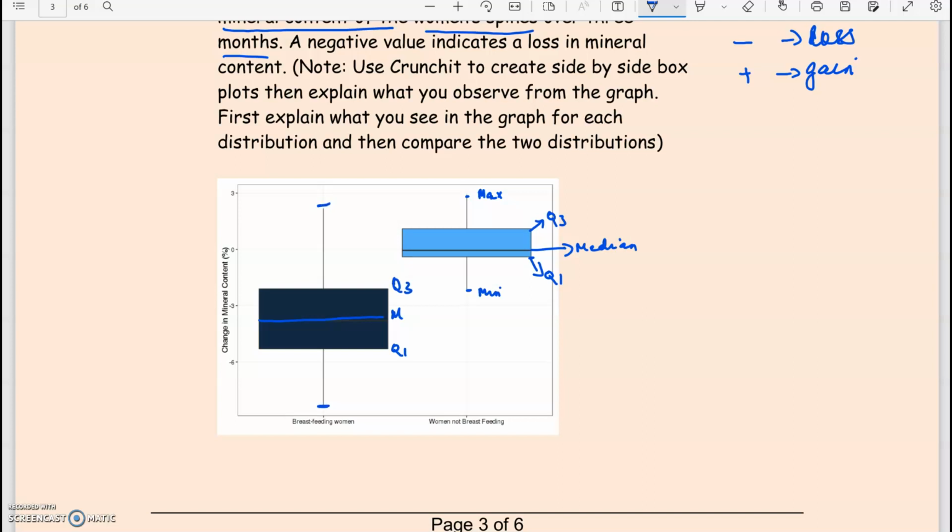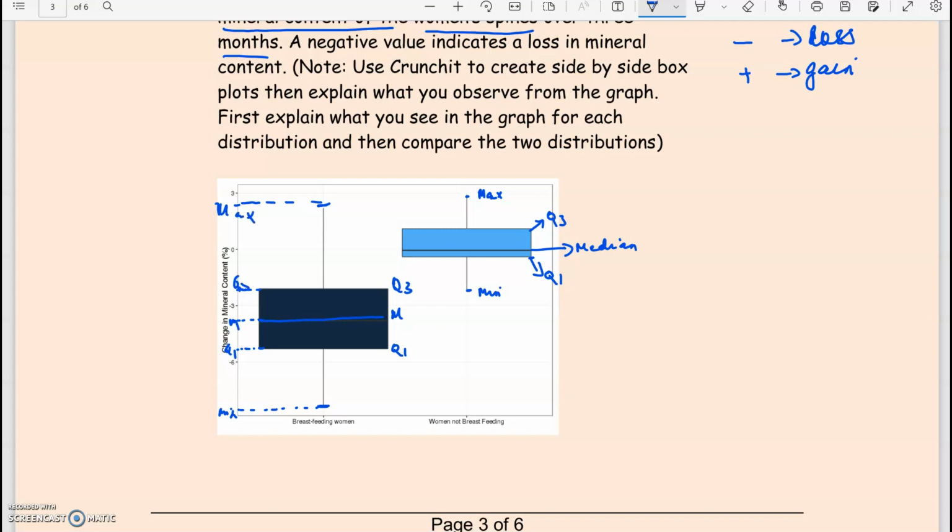So if we were given the box plots, then we could estimate the 5 number summaries by looking at these numbers on the y-axis. So this is your minimum, and that's your Q1, median, Q3, and then that's the max.